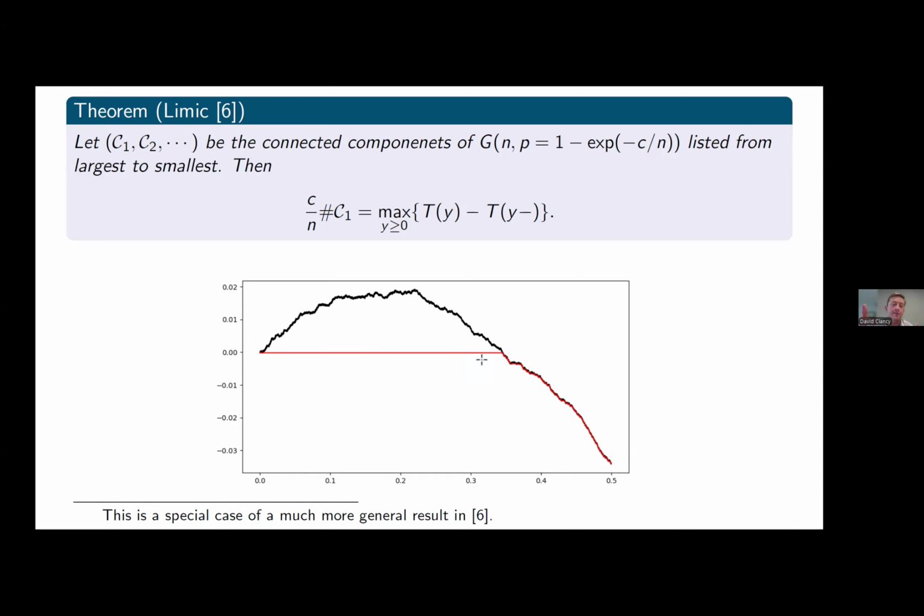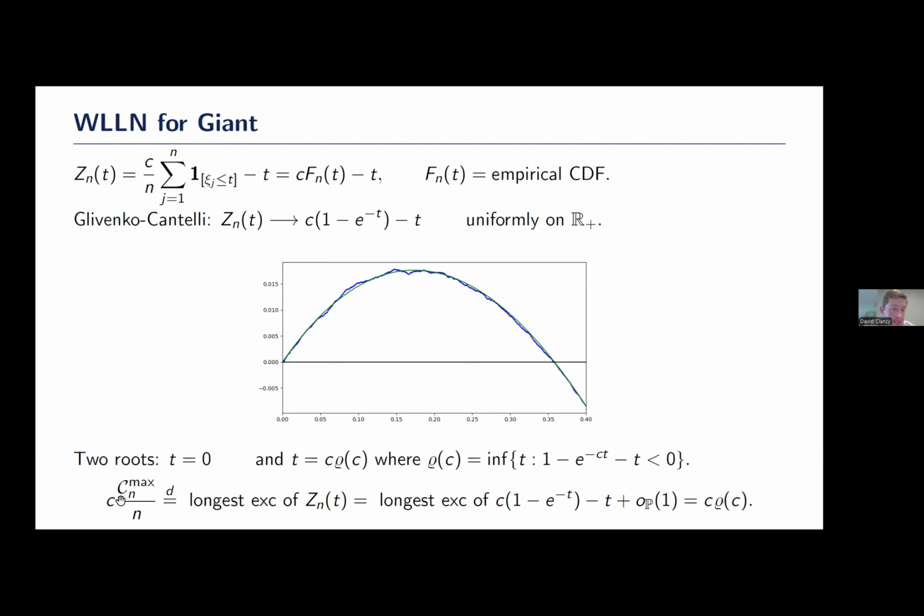And it's not too hard to convince yourself using real analysis that C times the size of the largest component divided by n, well, we already know that this is equal in distribution to the size of the largest excursion of Z, and this should be approximately the length of the longest excursion of the limiting deterministic function, up to some order 1 error.